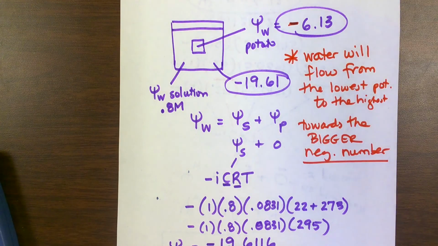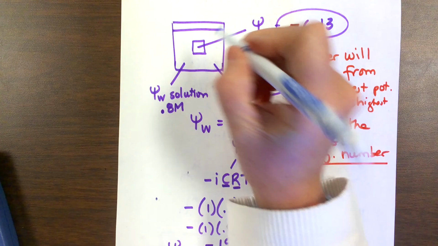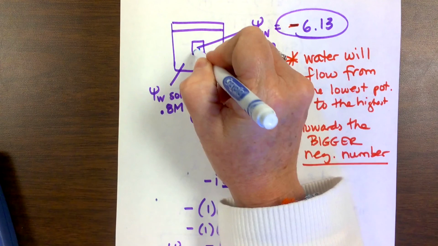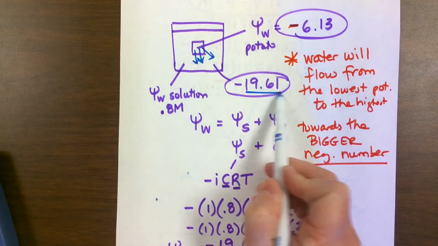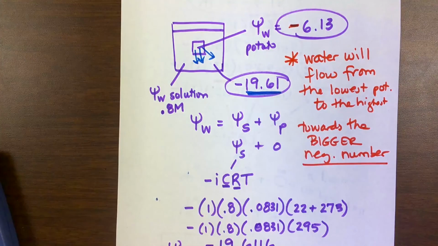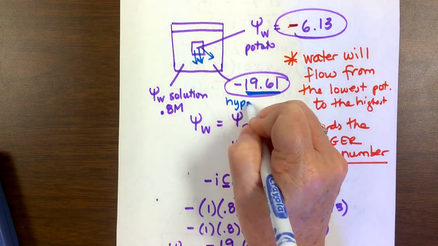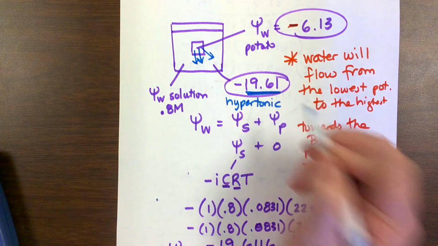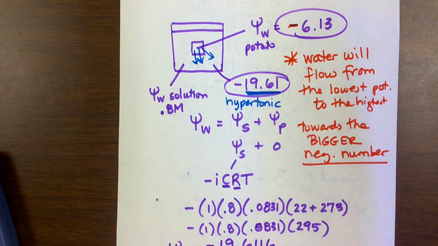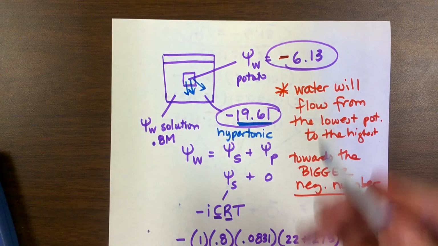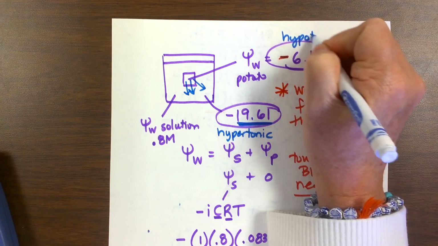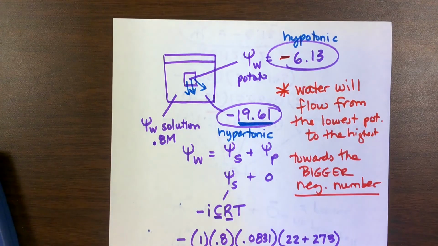So that means that the water is going to go out of the potato because it's more negative in the solution. So that makes this solution hypertonic to the potato, and that makes the potato hypotonic to the solution.